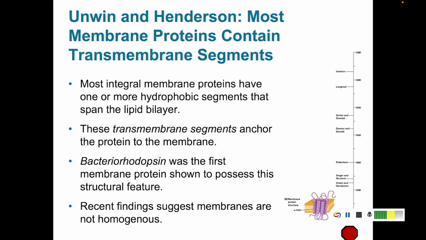Bacteriorhodopsin was the first protein that we really studied to see how it was able to go through the membrane. Bacteriorhodopsin is a protein that is found in the cell membranes of archaea that is involved with some of those prokaryotic processes. And recent findings also suggest that membranes are not homogeneous. So even though we have this same kind of fluid mosaic model for all membranes, the cell membrane of different cells are going to vary some.